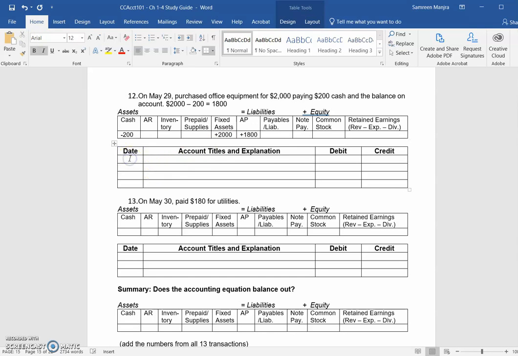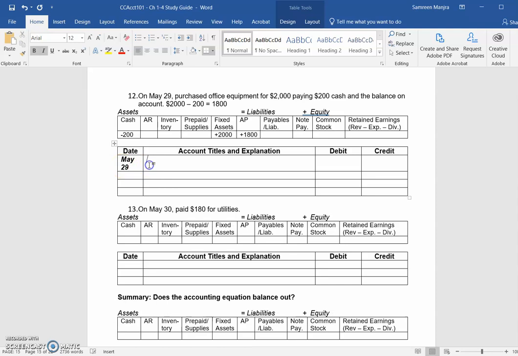So in this journal entry, you're going to use up more lines. And this is something that happens in the normal course of business. The account that we're going to debit will be equipment, which is going to increase by $2,000. So we're going to have an increase in our assets of $2,000.